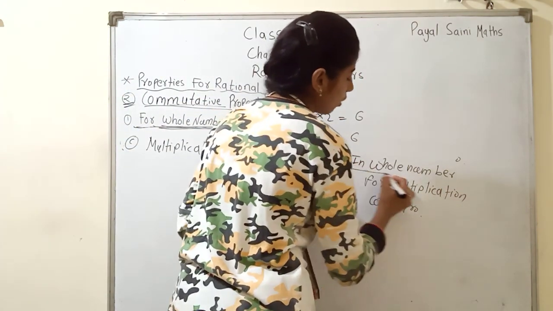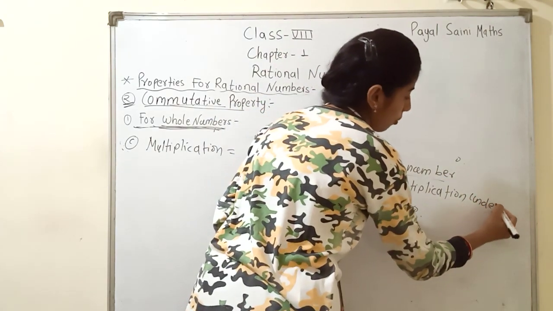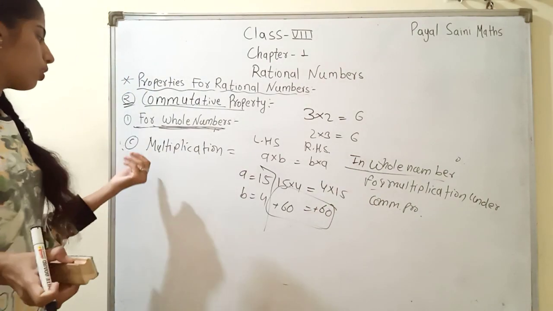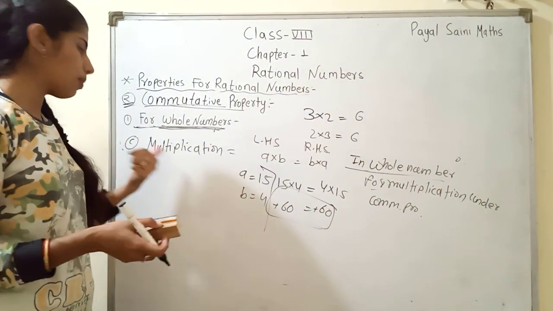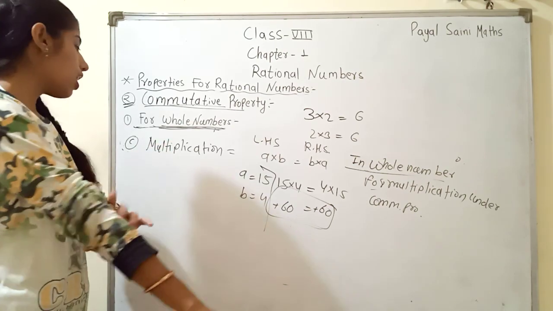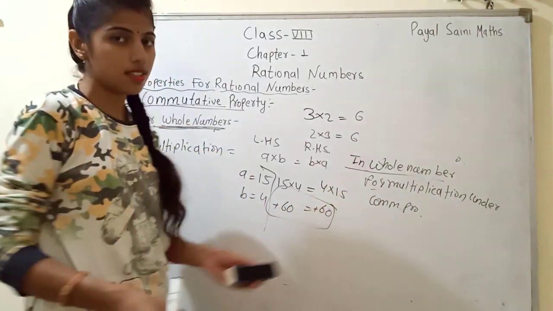We also write that in whole numbers multiplication is under commutative property. Then by the conclusion: first A is addition, which is verified; B is subtraction, which is not verified; C is multiplication, which is verified.